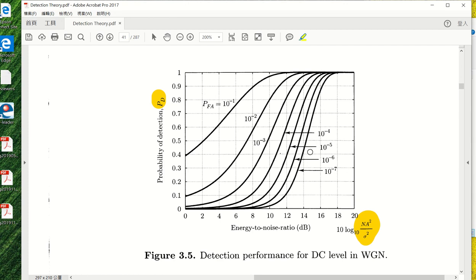curves. But this thing has special meanings because as you see, you have samples here, you have A here. So what that means is this is actually the signal energy.